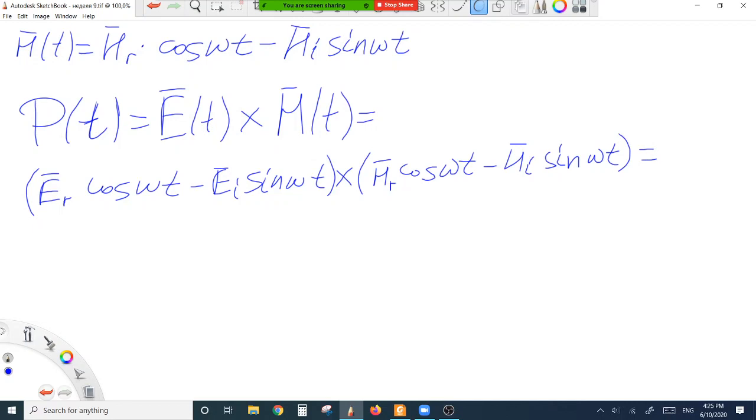And if we perform the calculations, what do we have? E_R cross H_R cosine squared omega t.